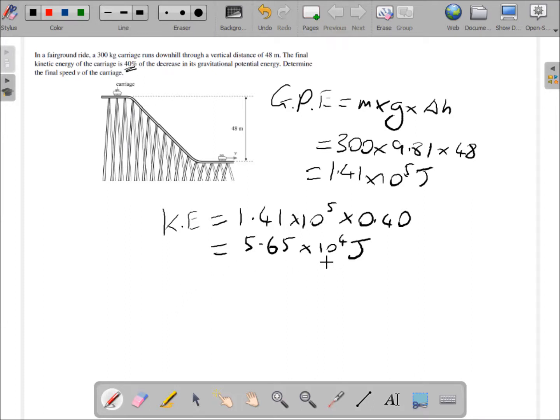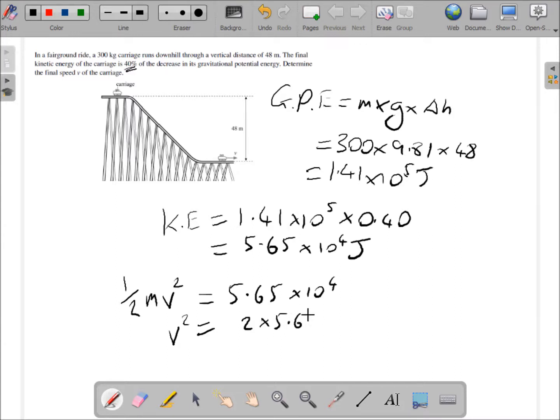So how do we get the velocity from that? Well, we also know that the equation for kinetic energy, which links it to velocity, is half mv squared. We can make that equal to our 5.65 times 10 to the power of 4. So, rearranging slightly, we're going to get v squared is equal to 2 times 5.65 times 10 to the power of 4, because we're taking the half to this side, timesing both sides by 2, and then it's divided by the mass.